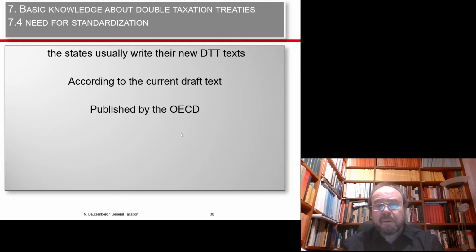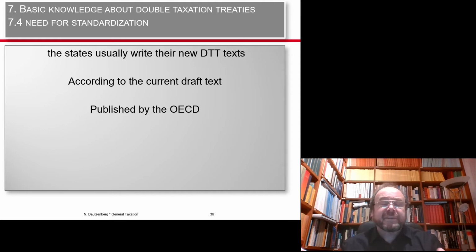For example, I frequently work with students with the Model Convention of 2010. There is a more recent one, for example, one from 2017, but most existing DTTs of Germany still follow the 2010 or even an older version. Naturally, when some part of the OECD Model Convention is updated, that does not change the already existing treaties.